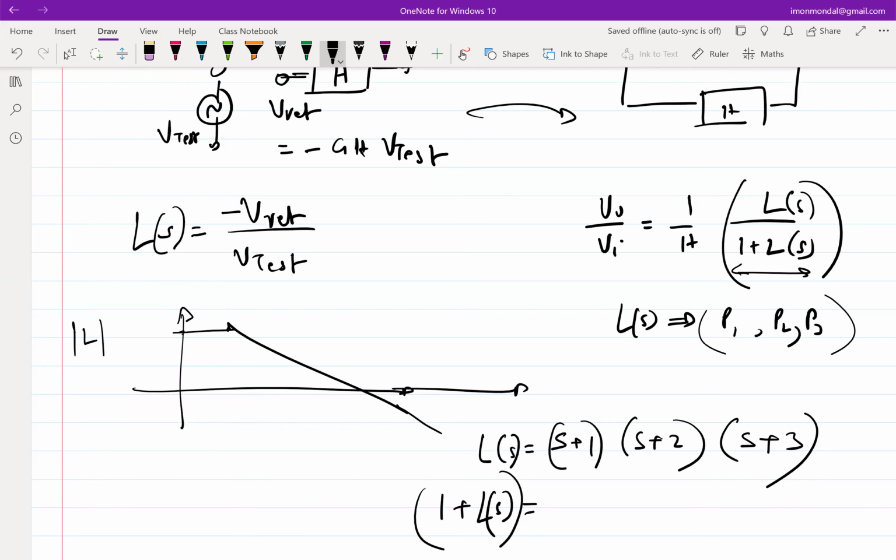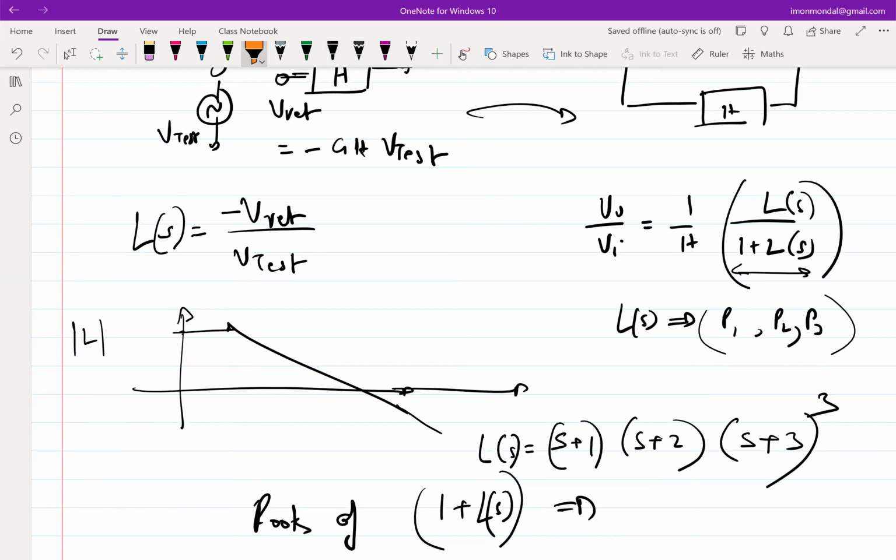It's not trivial, right? So the problem is the roots of this need not even be real, right? And it will probably become even tougher if I do this, right? Roots of L of S, -1, -2, -3, I don't even have to do any calculation, but roots of 1 plus L of S is probably something you cannot even evaluate analytically.